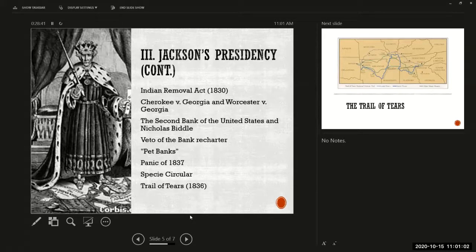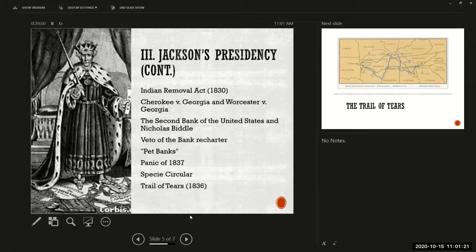Jackson hated the British ever since during the Revolutionary War. He had gotten into a sort of tussle with a British officer who had slashed him across the face with a saber, and so that's why Jackson always had a big scar. So ever since then, Jackson hated the British.